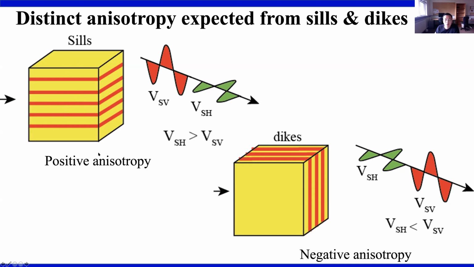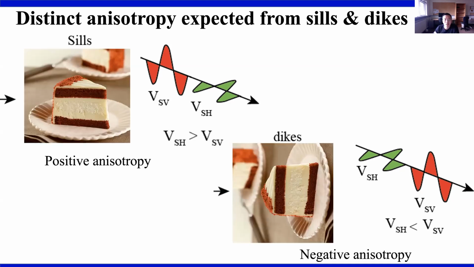So in this case, we're creating a positive anisotropy. Compared to that, the dike structure is totally opposite. In this case, the horizontally polarized shear wave will be more interrupted by these melt-rich layers, so creating a negative anisotropy.